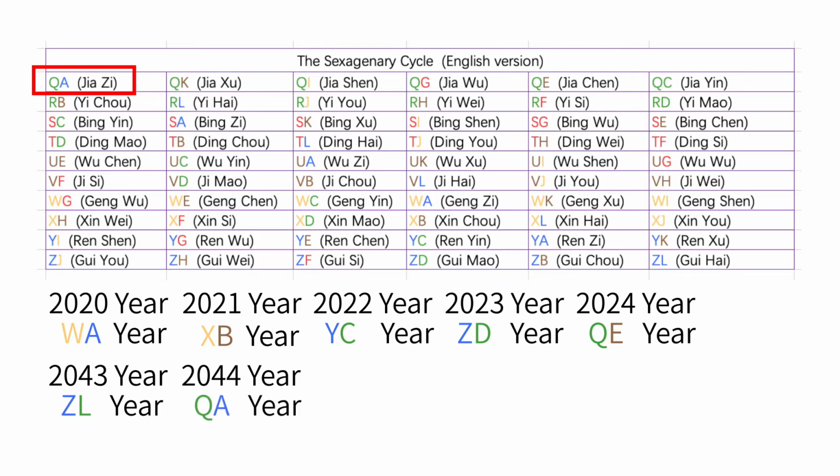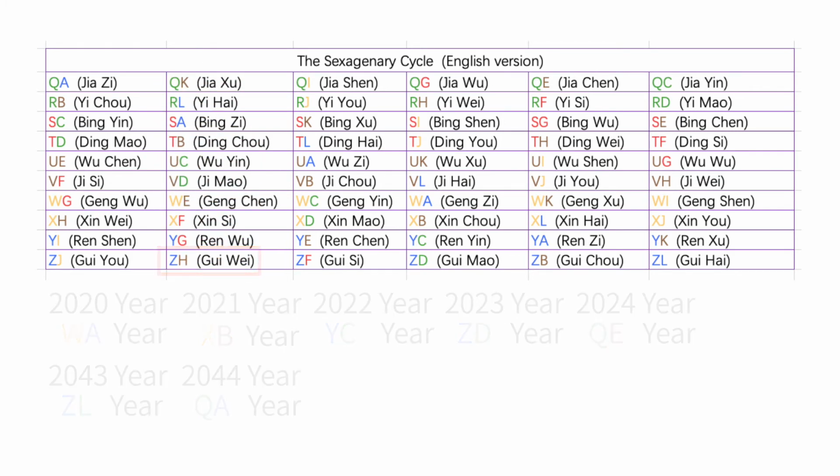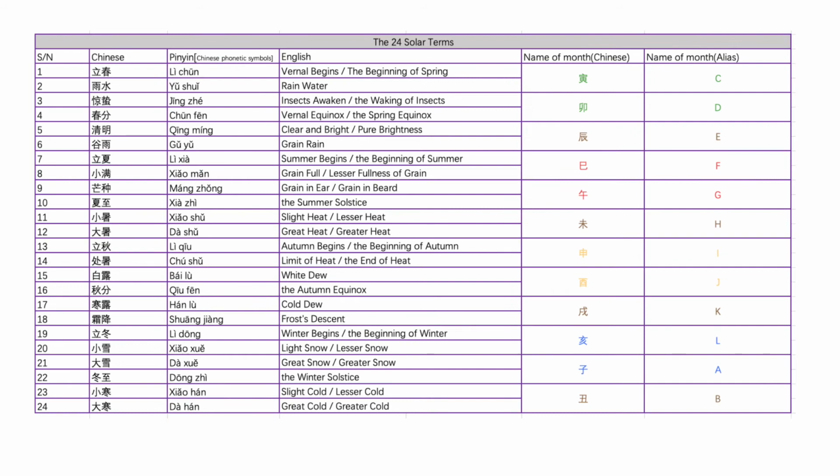You must have discovered the rule of naming dates, which is to use these 60 names in cycles naming each year. The names of the 12 months of the year are also named after the sexagenary cycle. You must remember what I said earlier, that the ancients set the time of every 2 solar terms as 1 month.